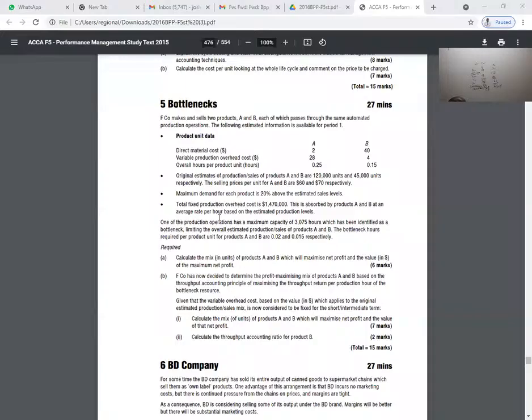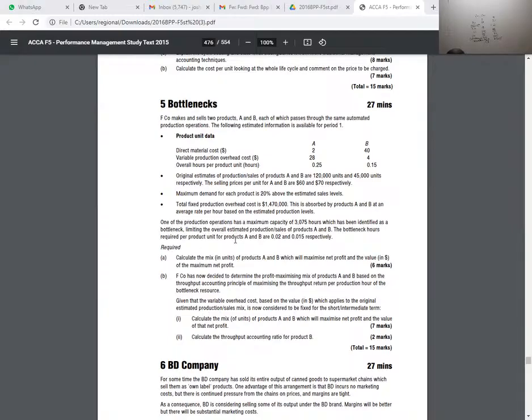They've told you one of the production operations has a maximum capacity of 3.075 hours, which has been identified as a bottleneck, limiting the overall estimated production and sales of product A and B. The bottleneck hours required per unit, remember, it has to be scarce resource per unit for A and B, 0.02 and 0.015. Please, these are not for each unit, remember. These are overall. You should never be cheated by this examiner, right?